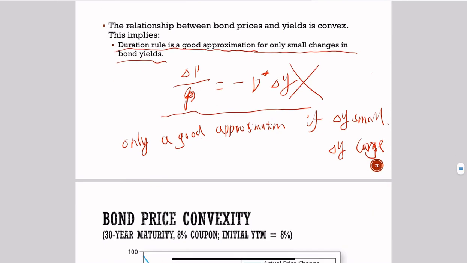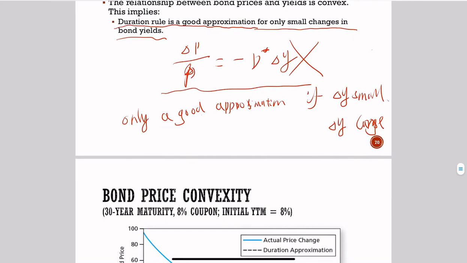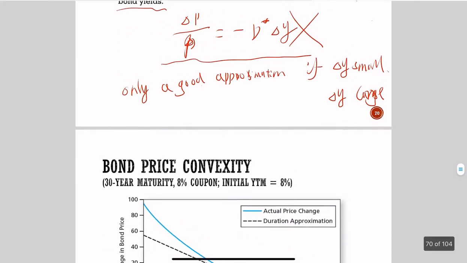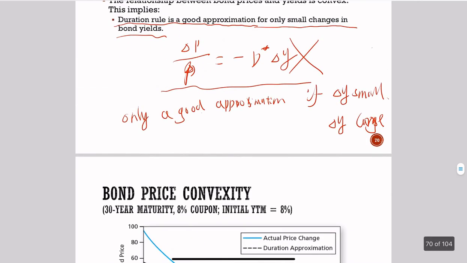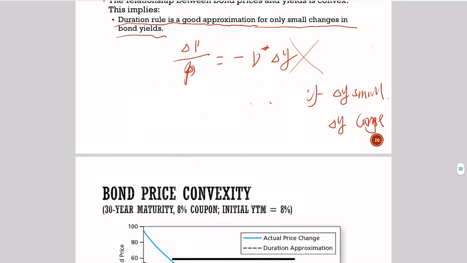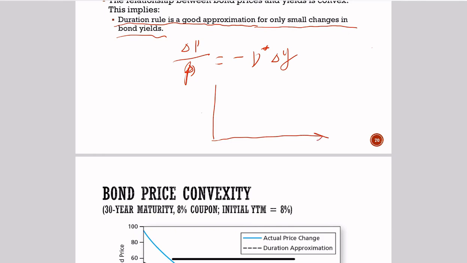Why do we have this result? It's actually very easy to understand. Let me first draw out this formula. Let's say I have a two-dimensional graph, and on the vertical axis I have delta P divided by P, that is the bond price change.